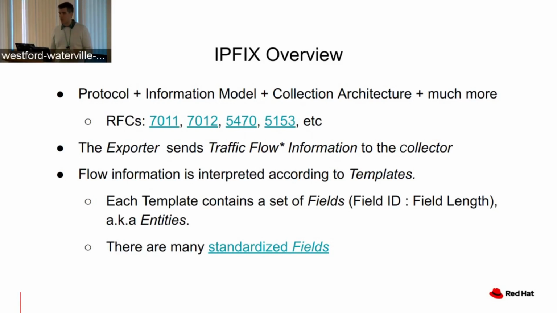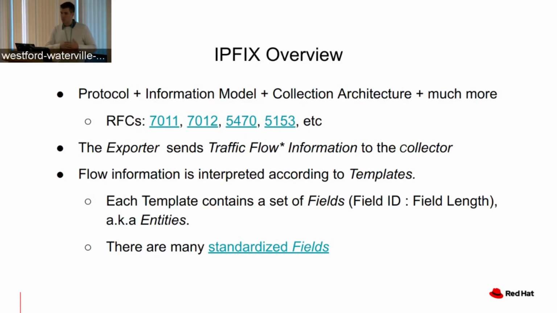The information, when it reaches the collector, has to be interpreted. And in order to do that, the exporter has to send things called templates. These templates contain a set of fields. They basically describe what kind of information we can send.